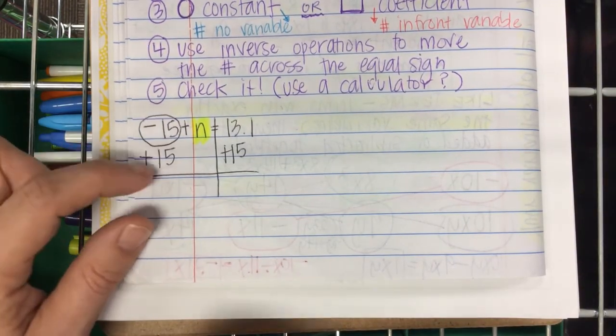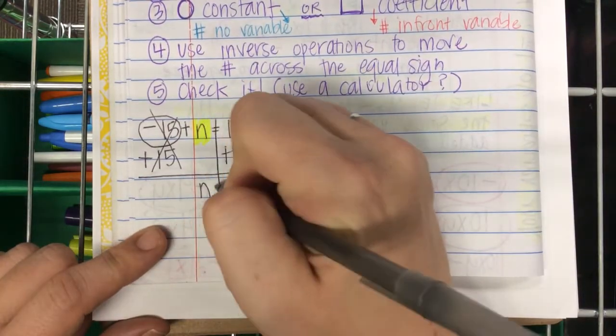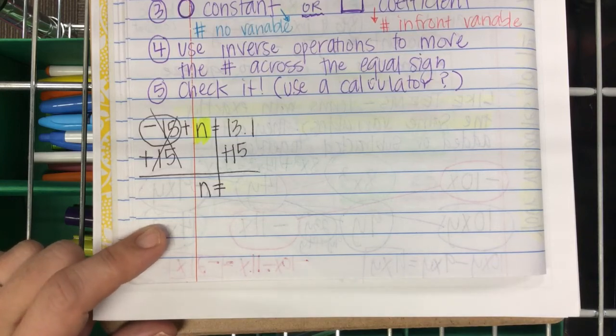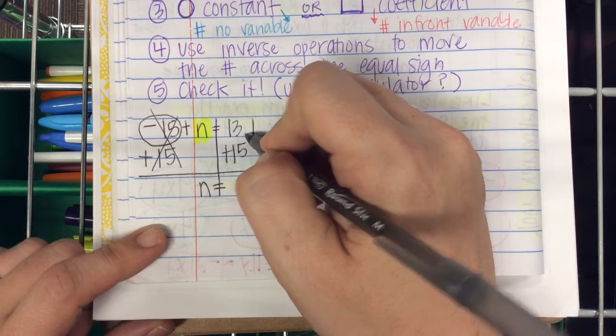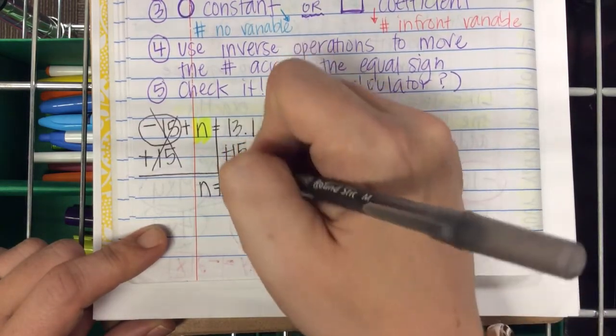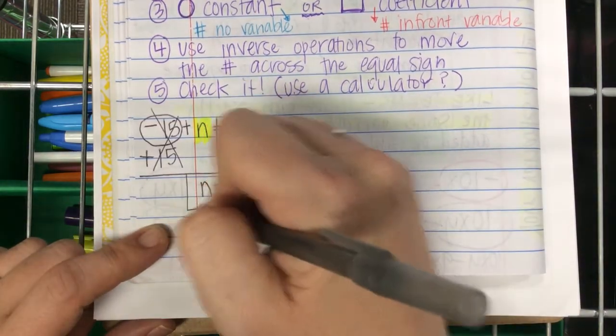Negative 15 and positive 15 are opposites. They cancel out. And I'm left with n equals, what's 13.1 plus 15? 28.1. There's your answer.